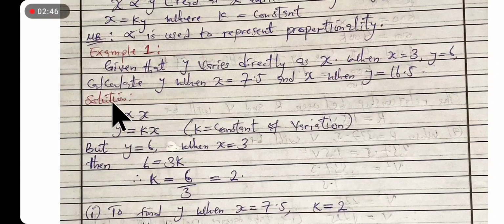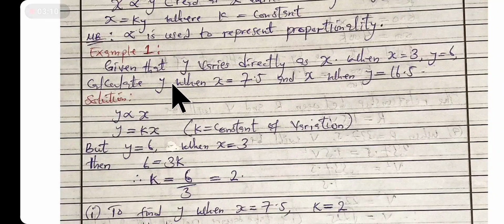This is a mathematical representation of it: y is equal to kx. Why do we use the k? We use the k in order to be able to remove the sign of proportionality. So we are introducing k to it, where k is a constant of variation.